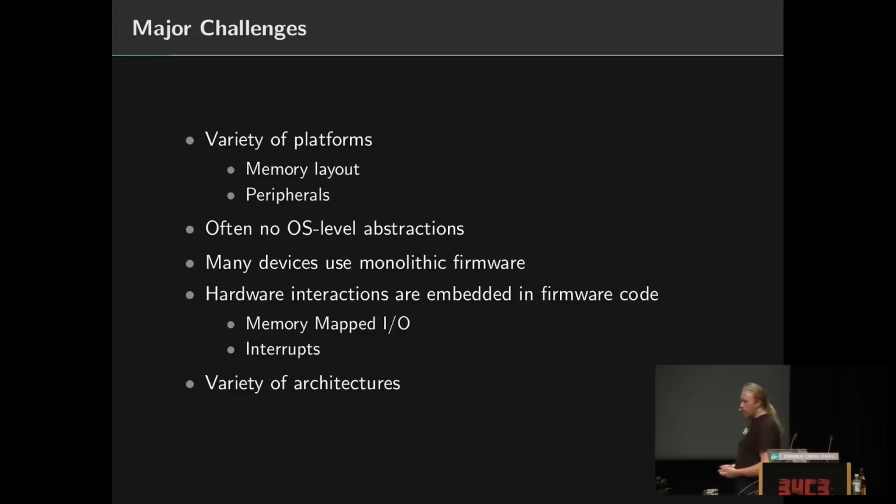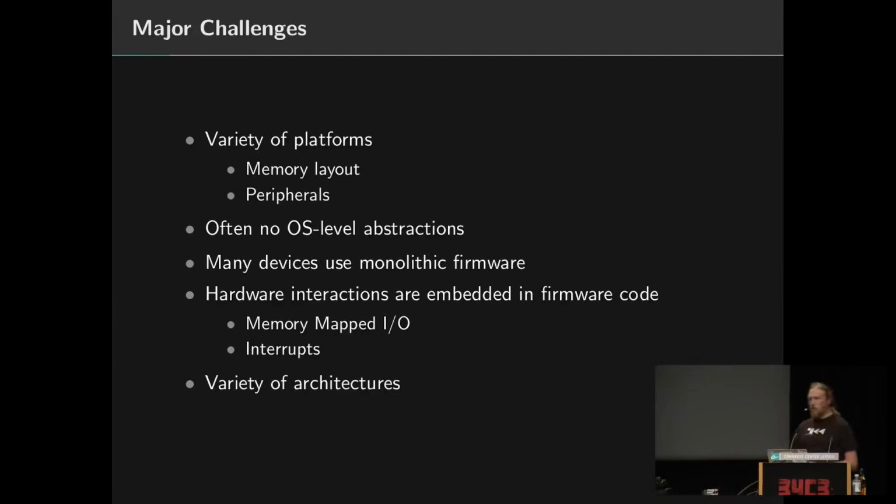Furthermore, there's often no operating system level abstraction. Some of the firmware is based on Linux. However, there are also a lot of monolithic firmwares around which use no kernel at all or have some small, tiny kernel. In both cases, the hardware interactions will be embedded in the firmware code itself and not be part of the kernel.